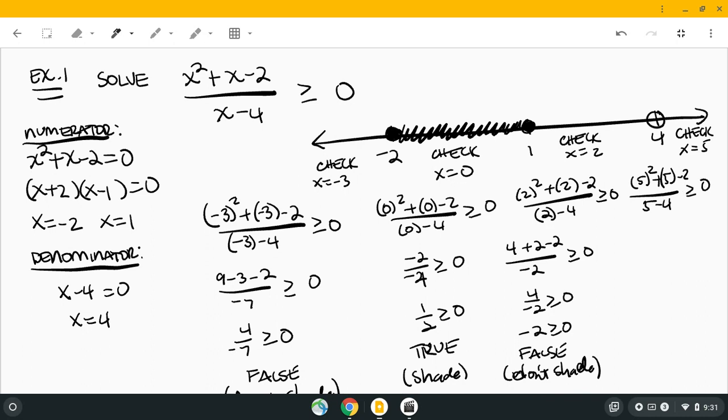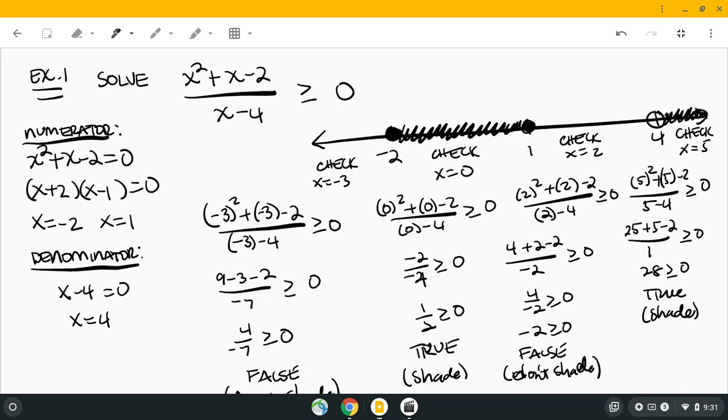Is this greater than or equal to 0? Let's check. 25 plus 5 minus 2. 5 minus 4 is 1. So that's 30 minus 2 is 28. So yes, this is true. So we shade. Okay. All right, so we have these two regions.